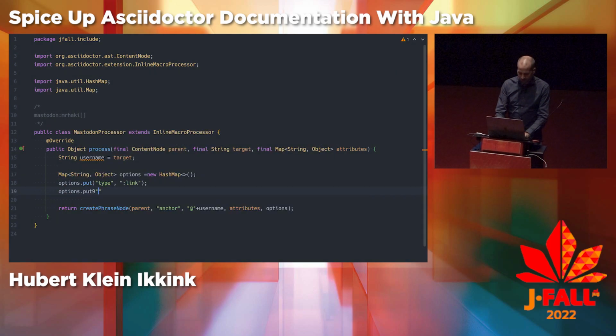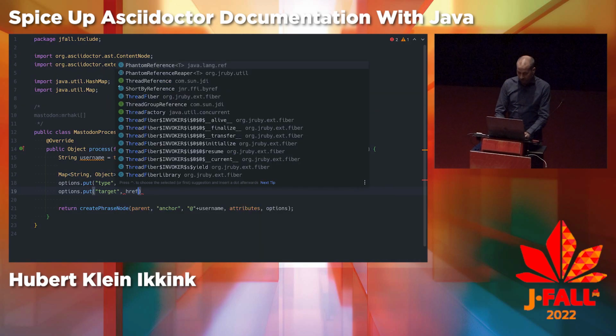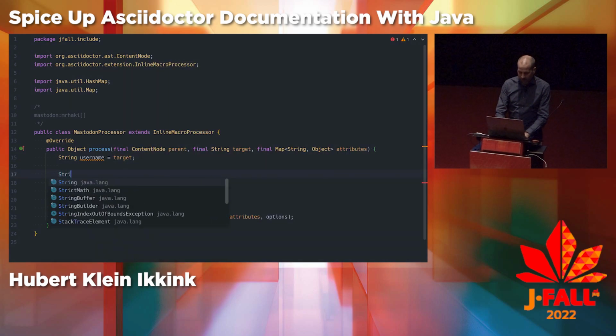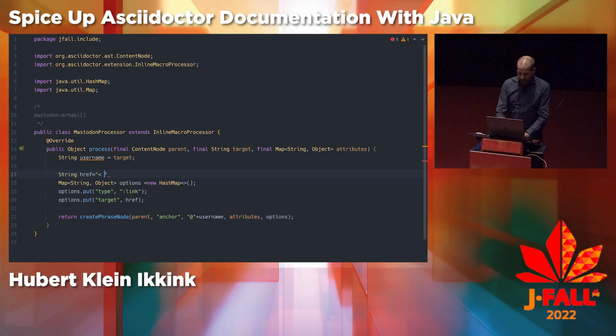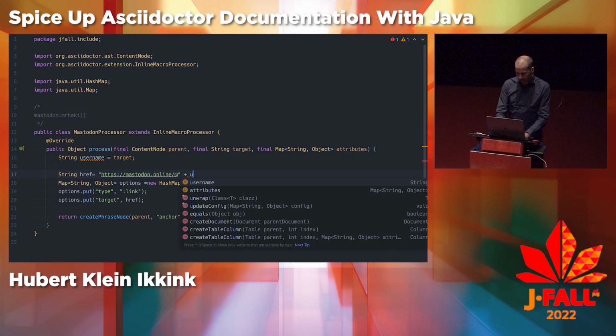And we also have to provide a, I think it's target. And that should be the actual link. So I will just put it here. And that will be, for example, that's the server name, right? So that will be https://mastodon.online/@username.